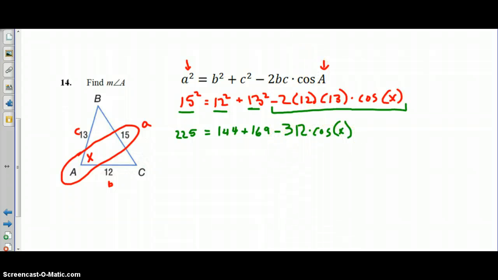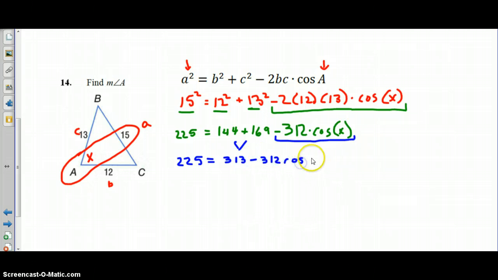Because this 312 has a cosine of x attached to it, we can only combine the 144 and the 169. Adding those two values together, we end up with 313 minus 312 cosine of x.